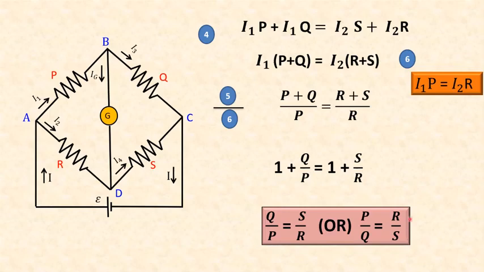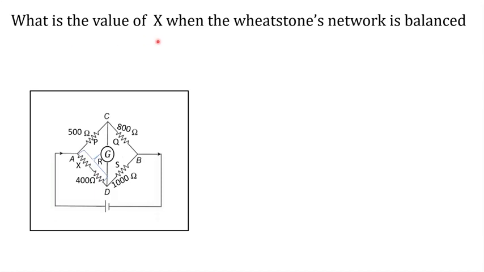If one of the resistance values is unknown, we can find its value. Now let us see an example for determining an unknown resistance using Wheatstone's bridge. What is the value of X when the Wheatstone's network is balanced?